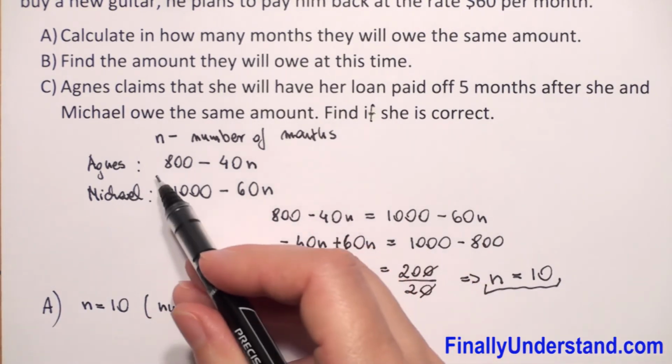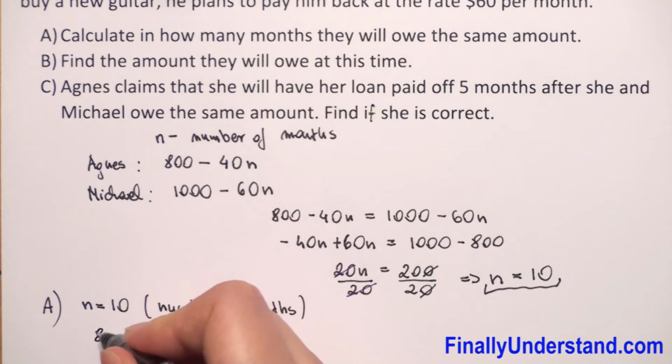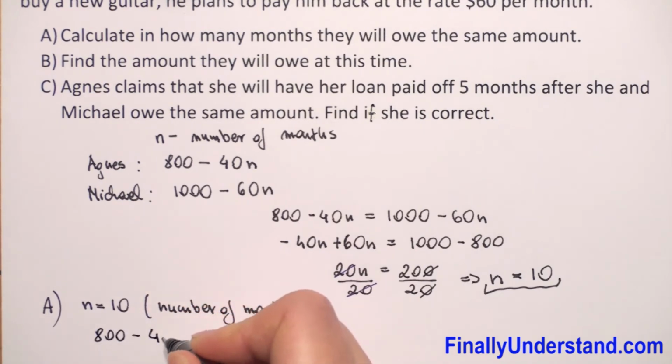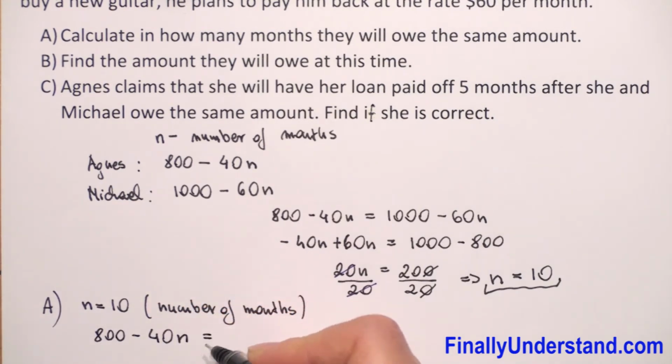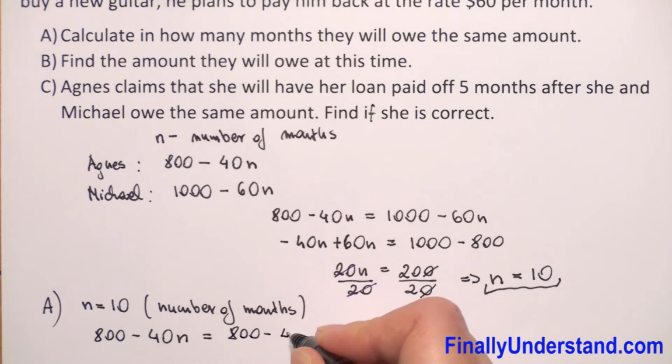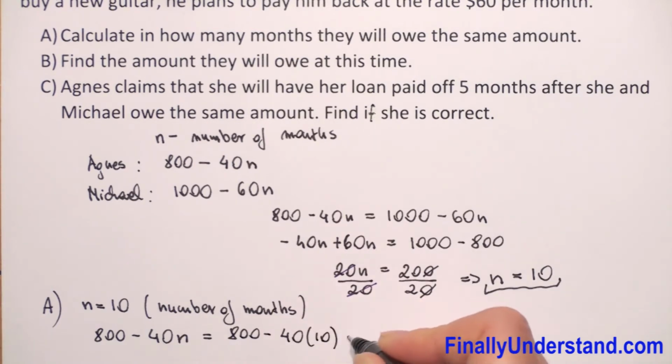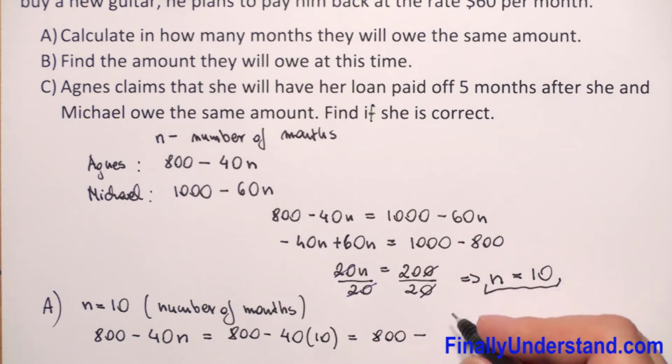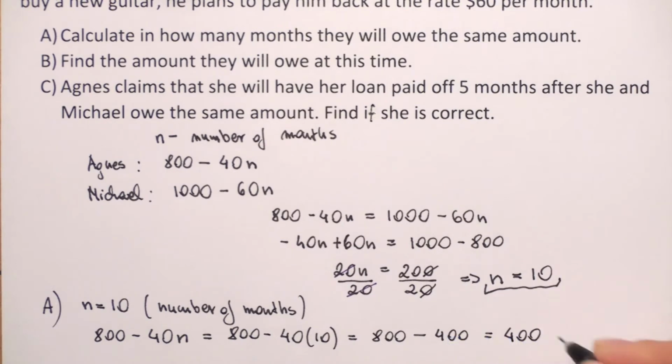So we will choose the first expression: 800 minus 40n. We have to substitute n by 10. So it will be 800 minus 40 times 10. 40 times 10 is 400, so this is equal to 400.